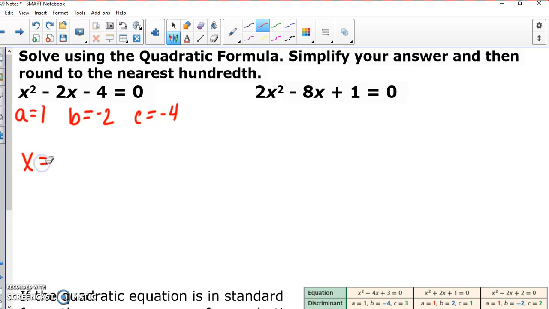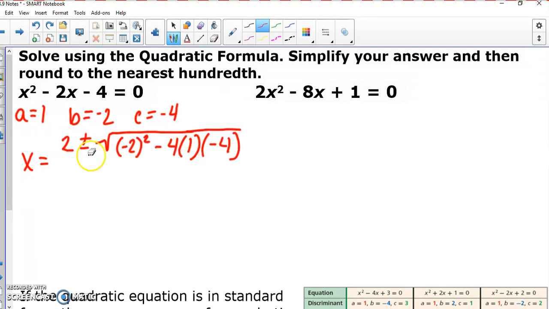So I'll have x equals the opposite of b, so this would be a +2 then, plus or minus the square root of b squared minus 4 times a times c, and then all of that over 2 times a. Okay, so then I can begin my process of simplifying.